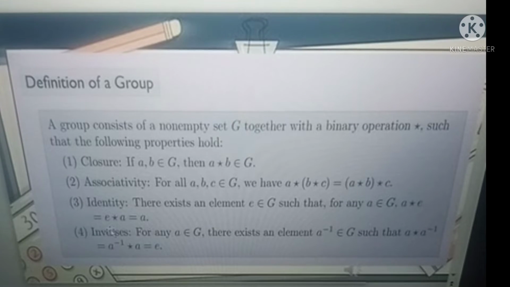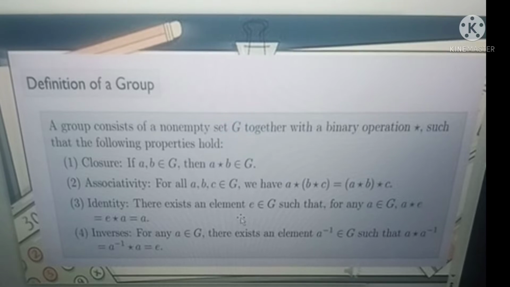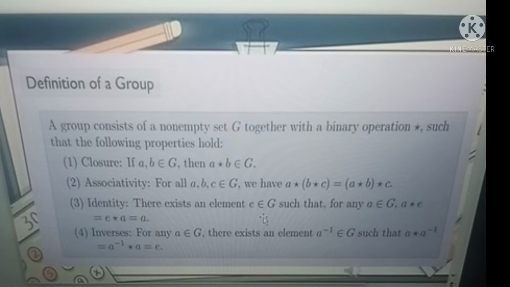For example, we have 3. What is the number that we can add to 3 so the result is the identity, which is 3? So 0. How about multiplication? If the certain group uses multiplication, and for example we have 3, what is the number that multiplied by 3 gives back 3?